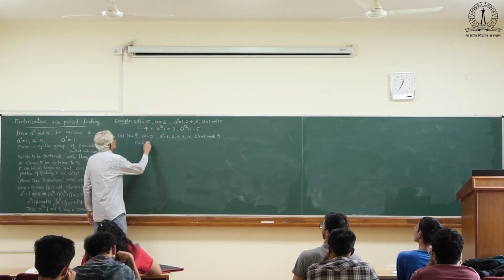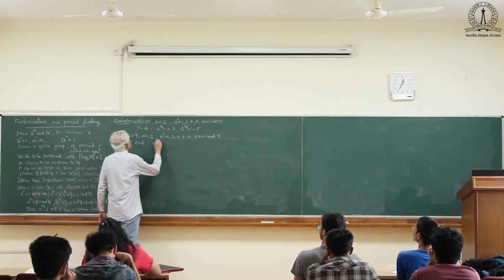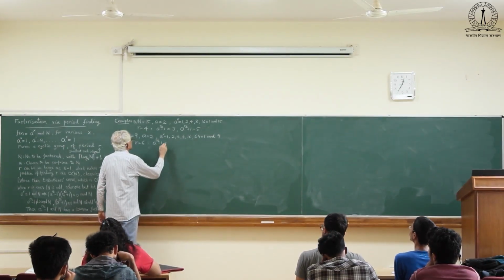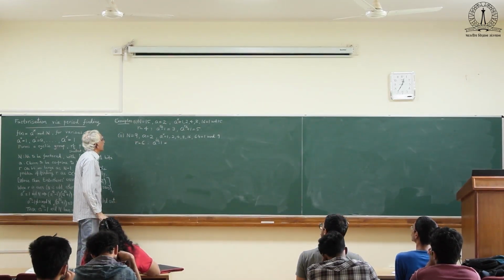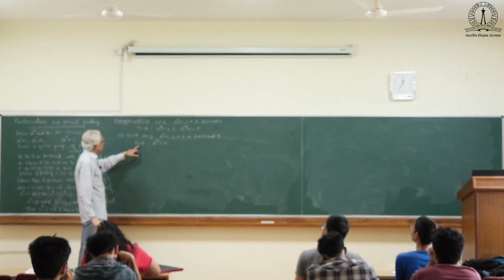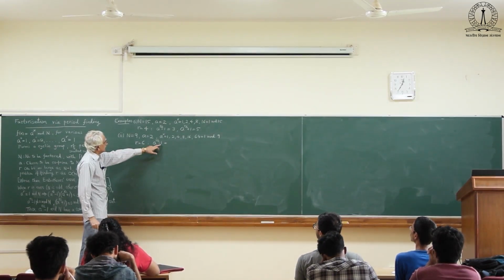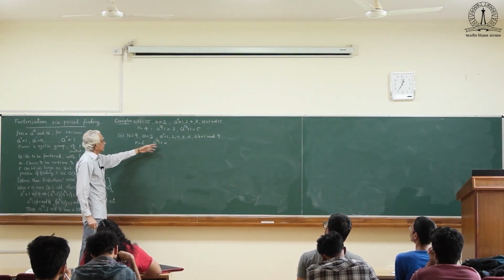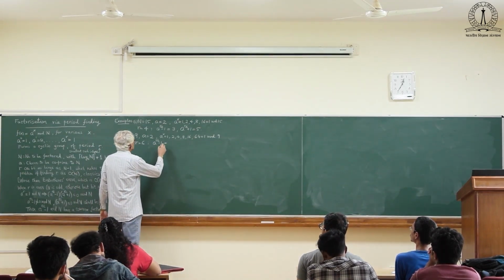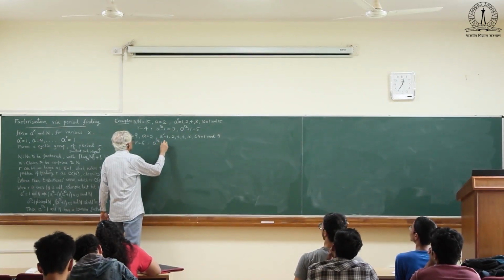So 2 raised to 6 is equal to 64. Okay. So now what are the factors? a raised to r by 2 minus 1 is a cube minus 1, which is 7.